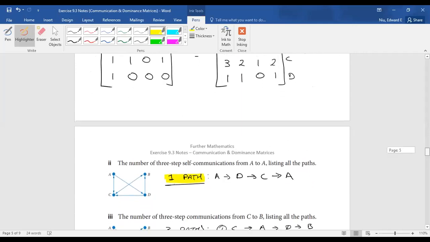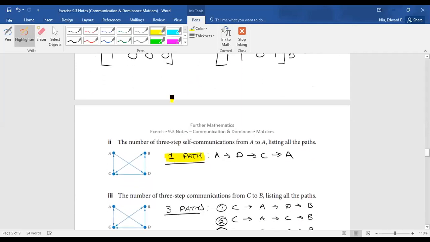We need to take a look at our diagram. If we start at A and finish back in A and we can only move 3 times, the only way is to go from A to D, D to C, and then C back up to A. So notice how we've gone 3 times. And people might be like, Ed, how do we figure this out? Trial and error. So just use your observation.